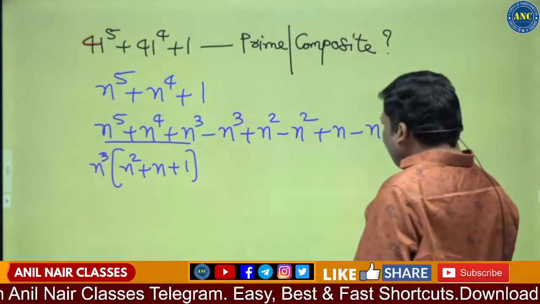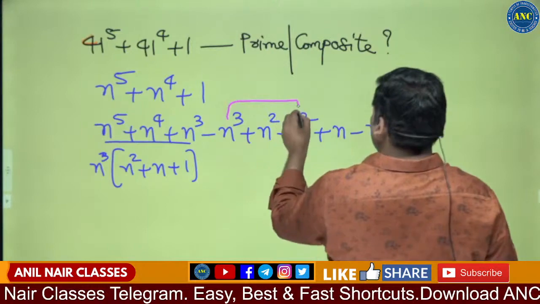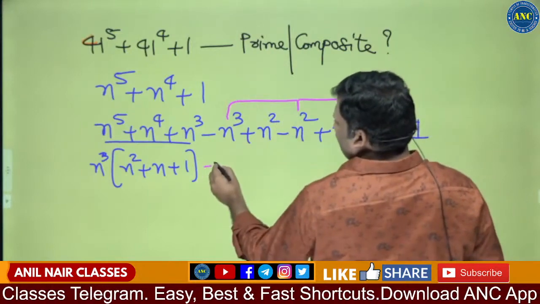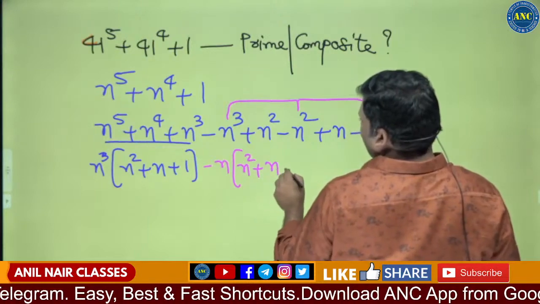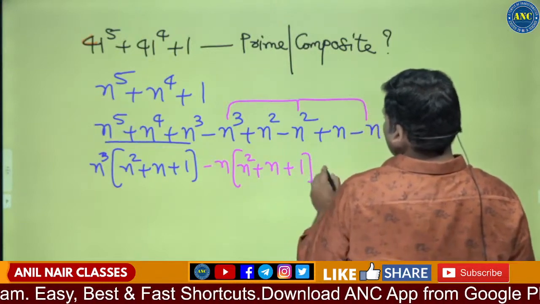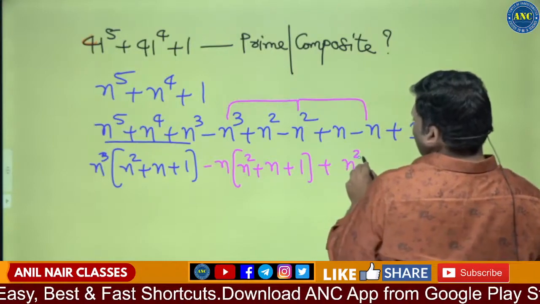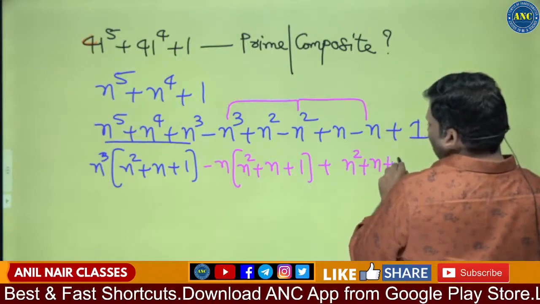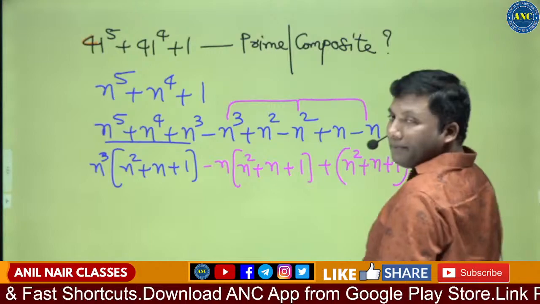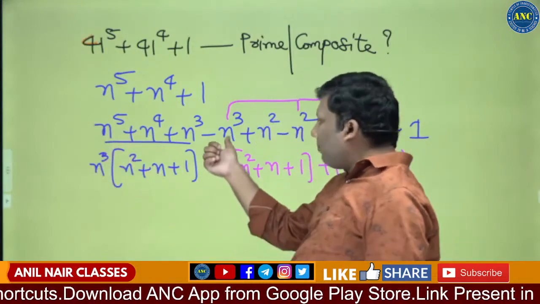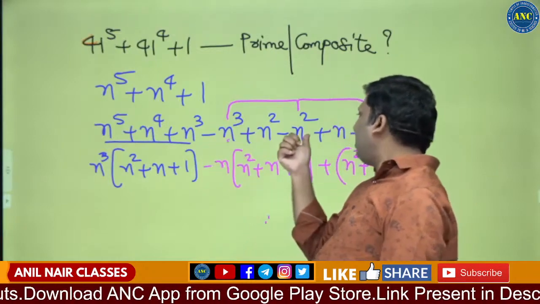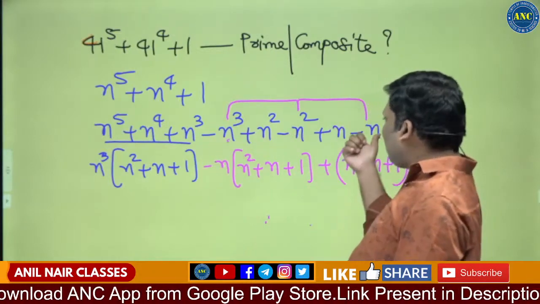Similarly, if I take minus n common in this, minus n into n square plus n plus 1. Finally, it is n square plus n plus 1. Are you all with me? So I took n cube common, n square plus n plus 1, minus n common, n square here, plus n here, and plus 1.